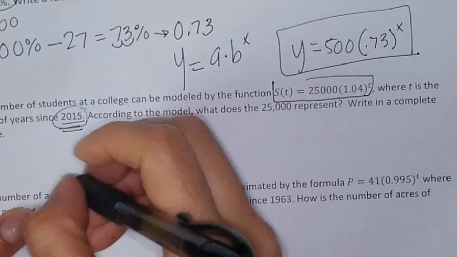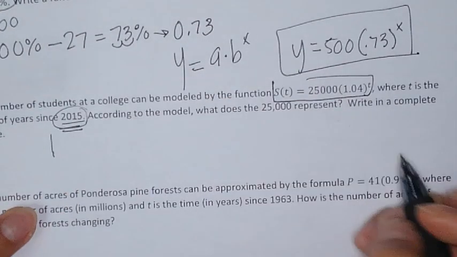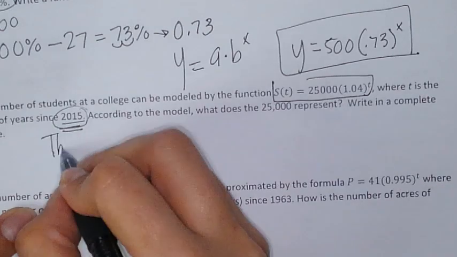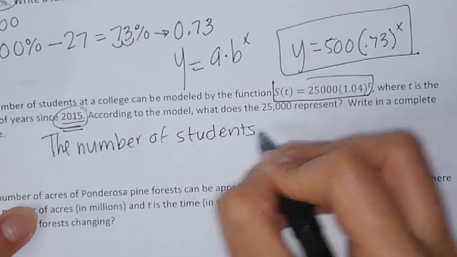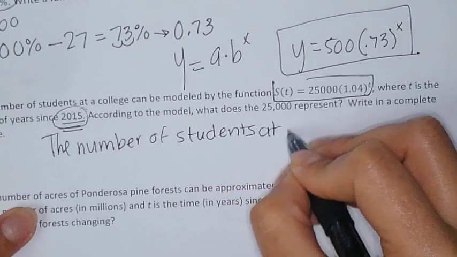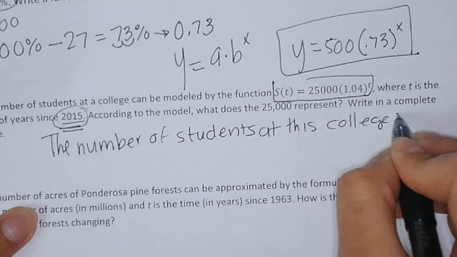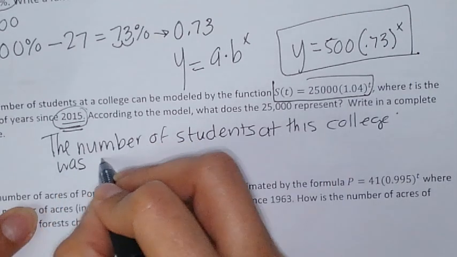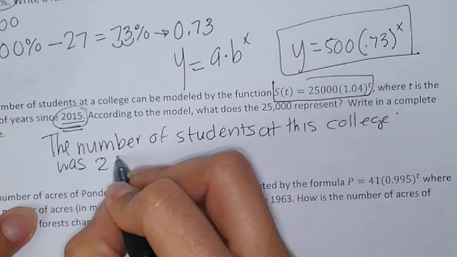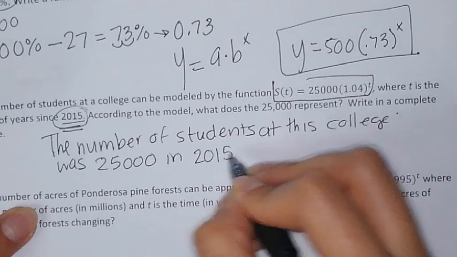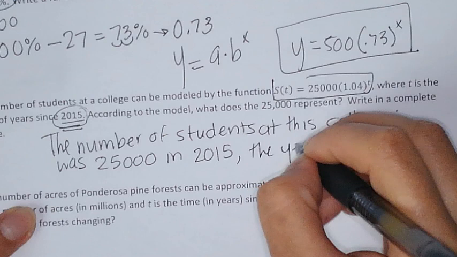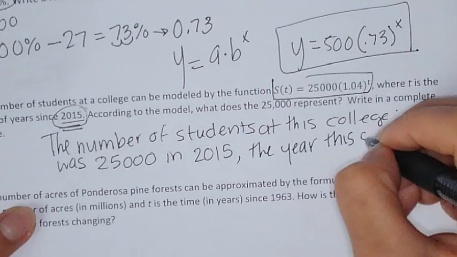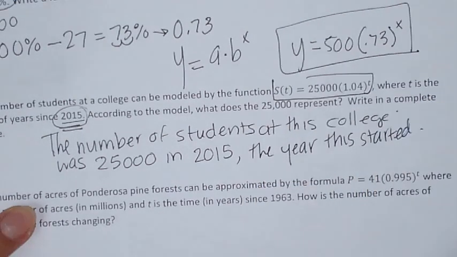So this means the number of students at this college was 25,000 in 2015, the year this started, or the initial value.